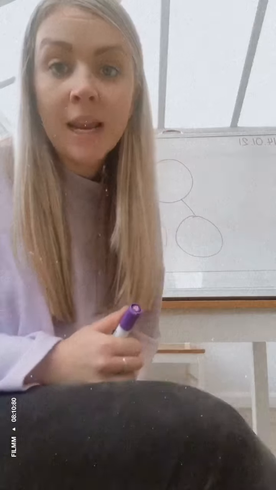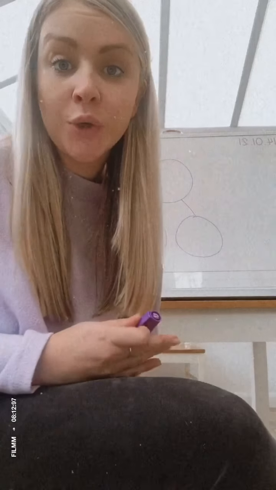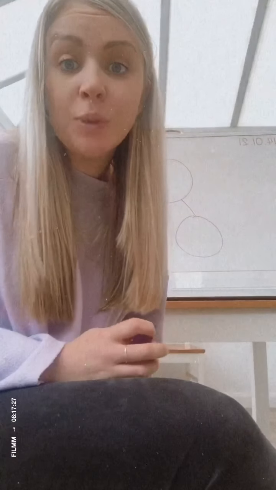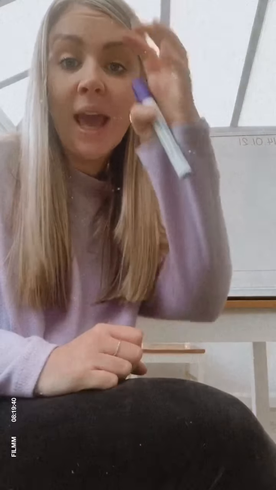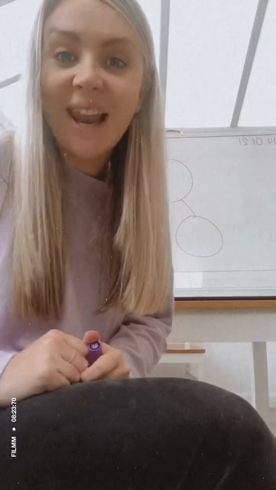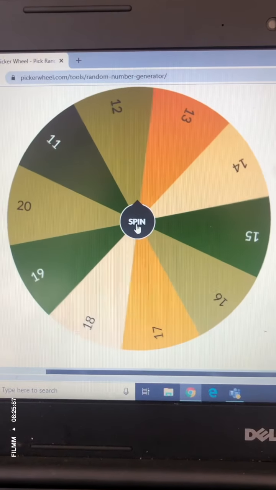Now it's your turn. Let's spin the wheel and identify a 2-digit number. I will represent it pictorially on the board, and I want you to partition the number to show me how many 10s are in that number and how many 1s are in that number. Let's have a go now. Ready? Let's go.